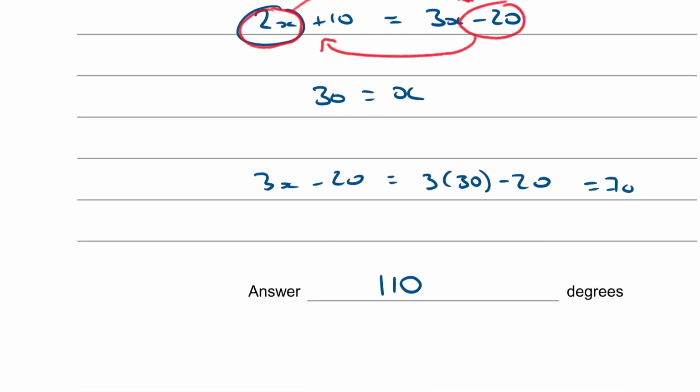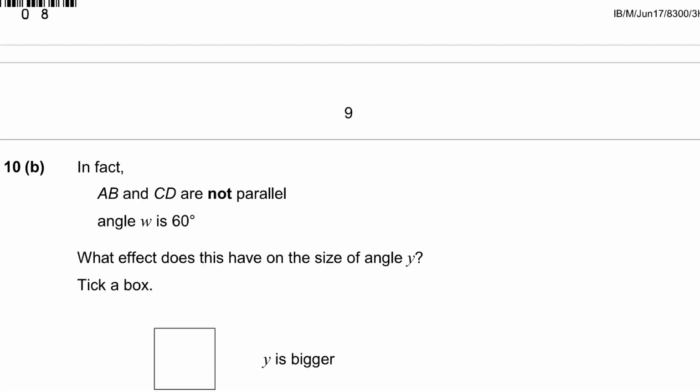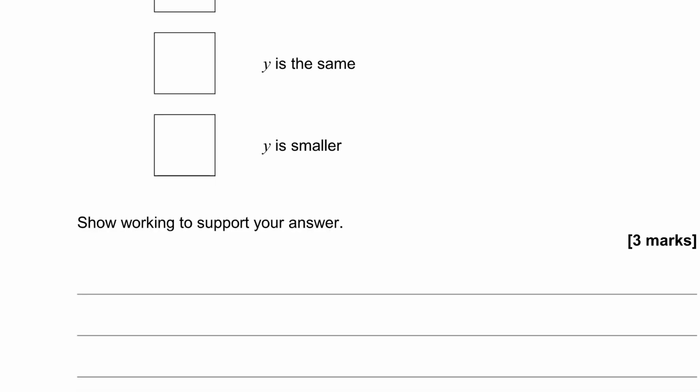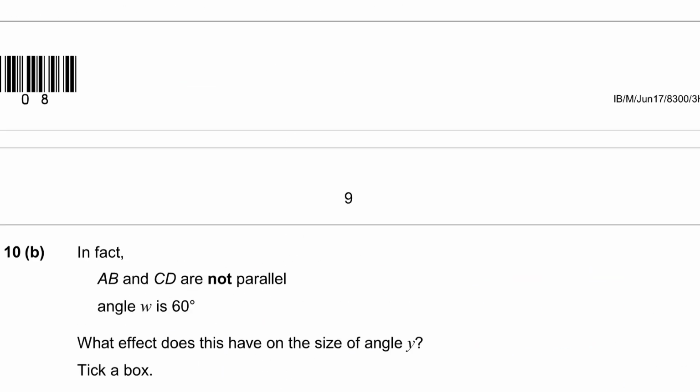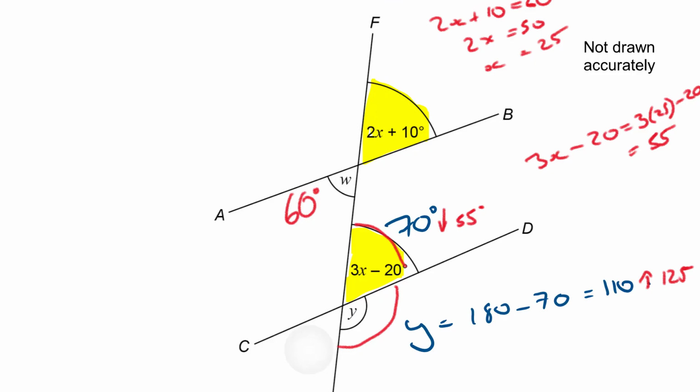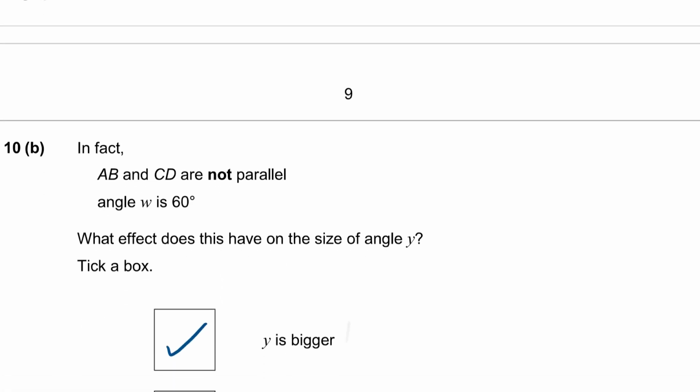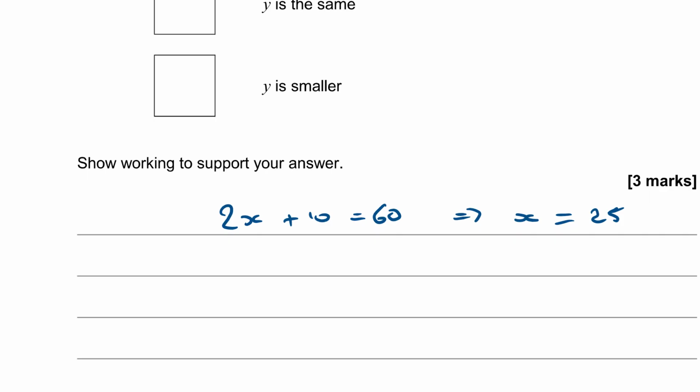So we said 2x plus 10 is 60. So y is bigger. We said that 2x plus 10 was equal to 60, which implied that x was equal to 25. So then we worked out the next part. We said 3x minus 20. So 3x minus 20 was 55, not 70.